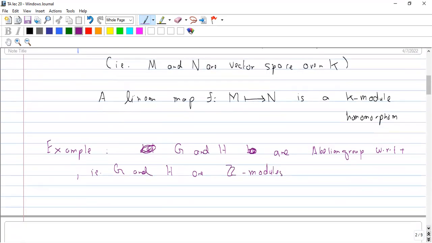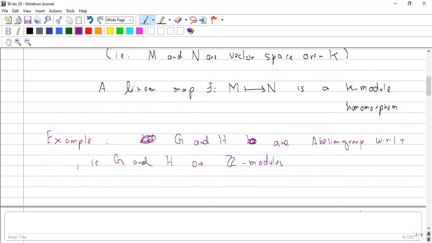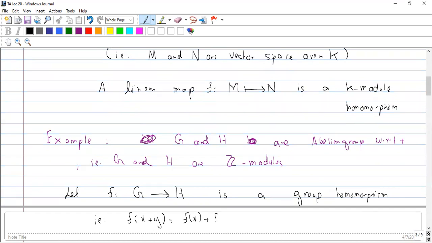Now let us try to see here: as an abelian group, let F from G to H be a group homomorphism. That is, f of x plus y is equal to f of x plus f of y.